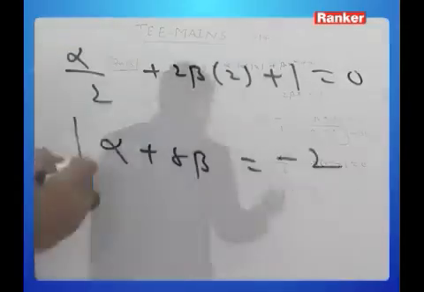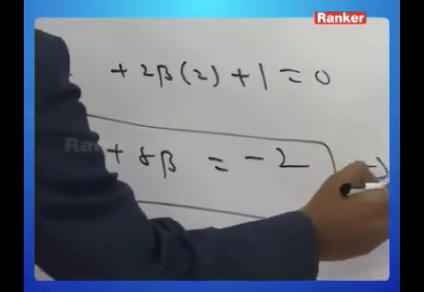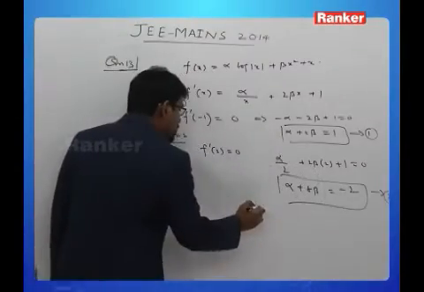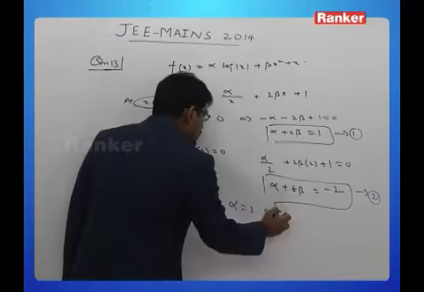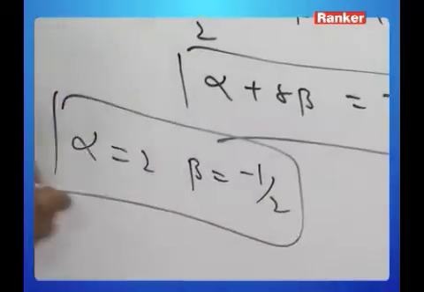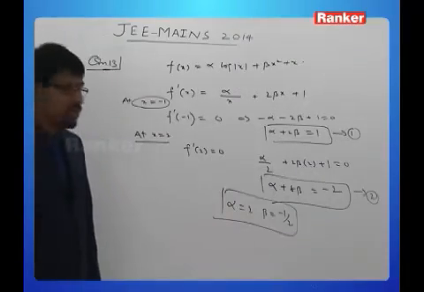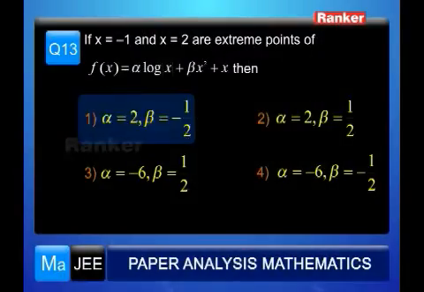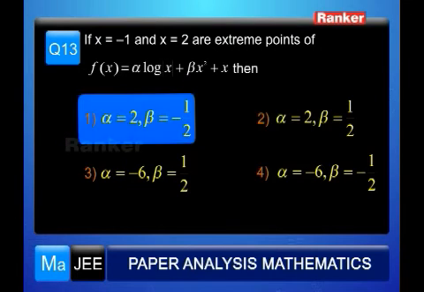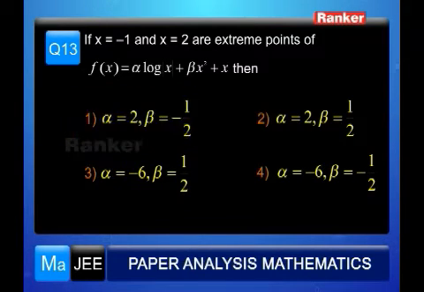So clearly when you solve these two equations, you will get alpha to be 2 and beta to be minus half. This is clearly satisfying both the equations here. Alpha is 2 and beta is minus half, and clearly option 1 is the right answer.